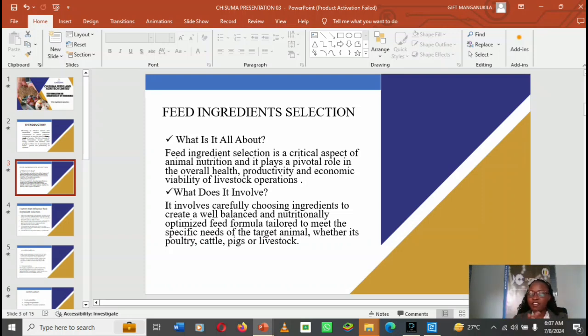When you're selecting ingredients, you must balance that requirement. You must not overdose, and you must not put in less. You must select an ingredient that is not giving you too much, also raising your cost at the end of the day. Target ensuring that you balance what you're supposed to for the chicken to give you optimal performance.